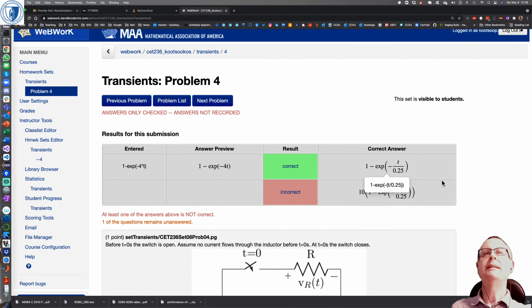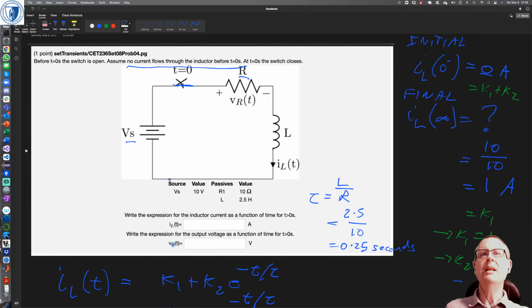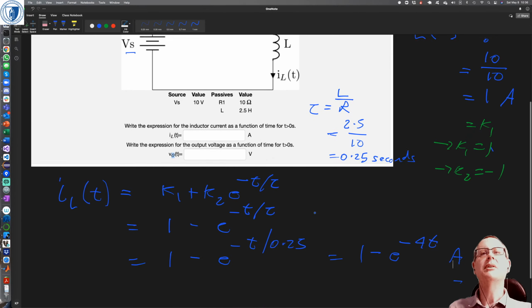Okay, and then let's have a look at what the next piece is, the output voltage. Well, the output voltage is just going to be Ohm's law. So we take our current and we multiply it by the resistance, which in this case is 10 ohms. So we just multiply everything by 10.